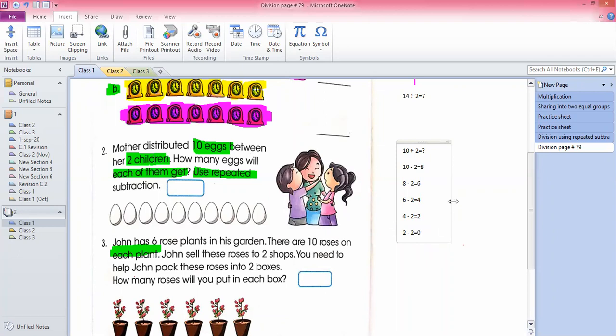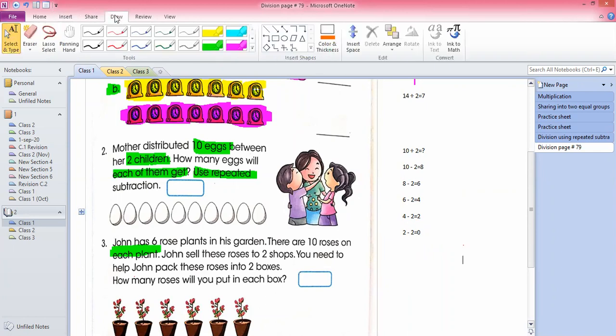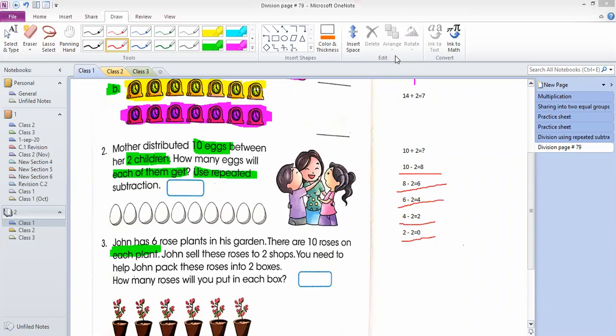So now you can find out the answer, that each of the kids will get how many eggs. How will you find it? You will check how many times you subtract in order to reach 0. So 1 time, 2 time, 3 time, 4 time and 5 time. So tell me guys, how many times did you subtract in order to reach 0? 5 times.